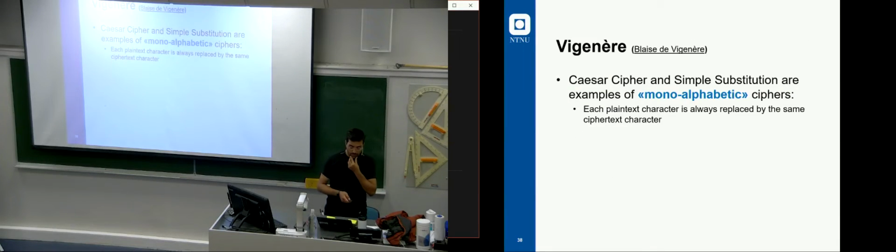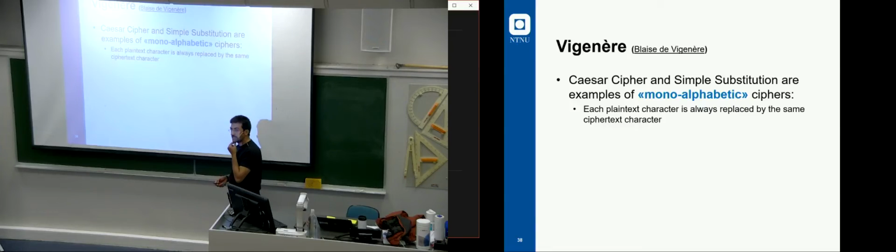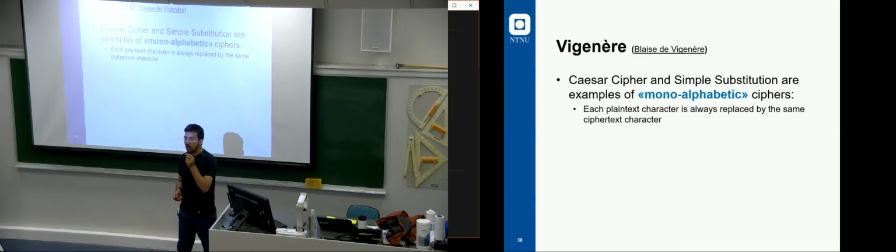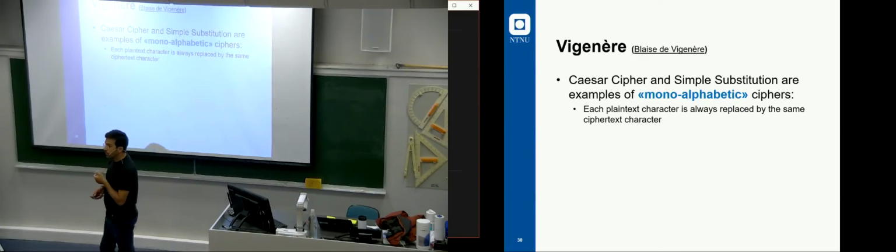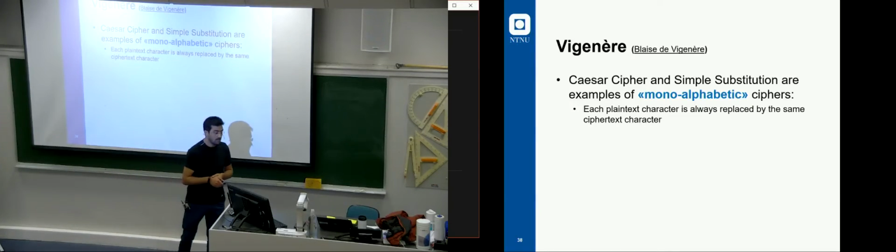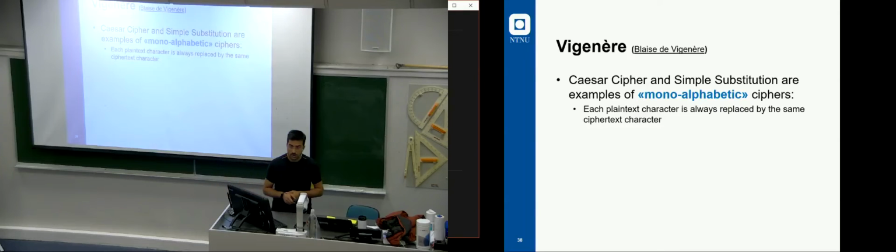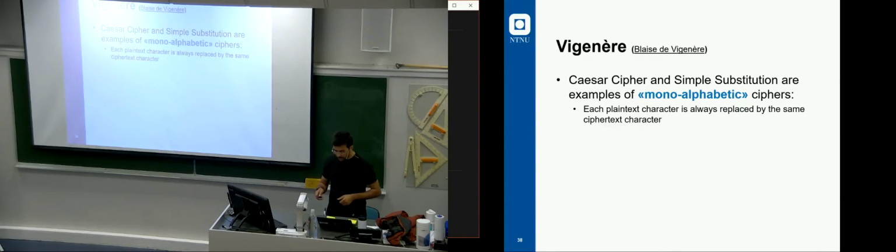Now we have something we call the Vigenere cipher. In Caesar cipher, you have what we call a monoalphabetic nature, in which each plain text character is always replaced by the same character. If I say that A will be replaced with K, it will always be replaced with K.